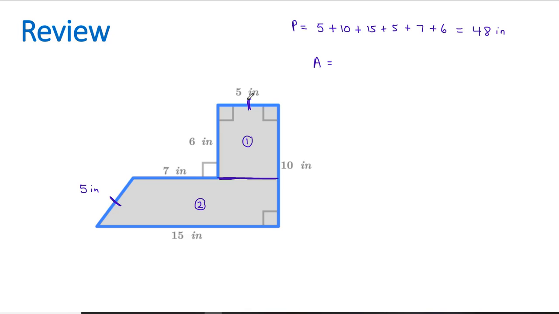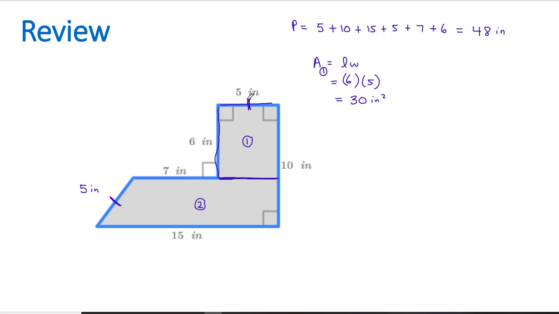So I'm going to then take shape 1 area, which is length times width for the rectangle, and I'm going to carefully look that the length is 6 inches and the width is 5 inches. So this is going to be 30 square inches for my rectangle.